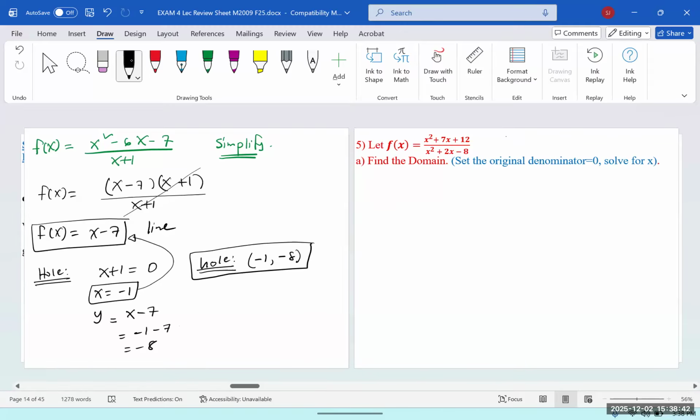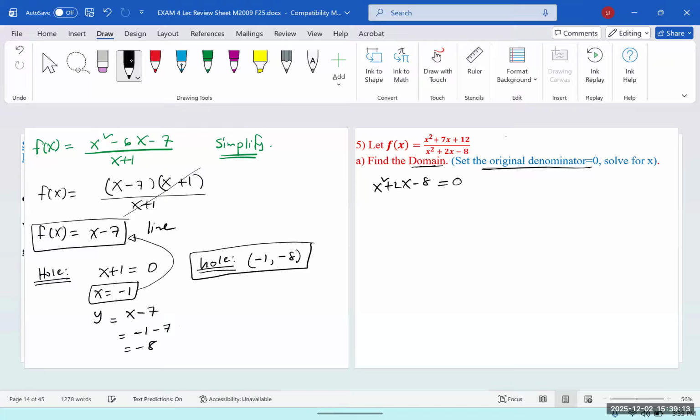Now for the next one, you need to find all the information: domain, vertical asymptote, horizontal asymptote, hole. So to find the domain, you just take the original denominator, set it equal to 0, solve for x. So original denominator is x squared plus 2x minus 8.